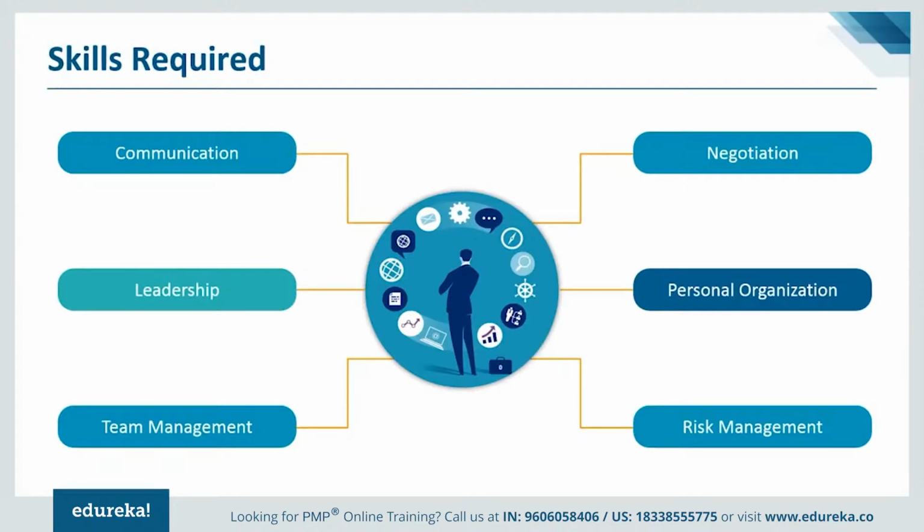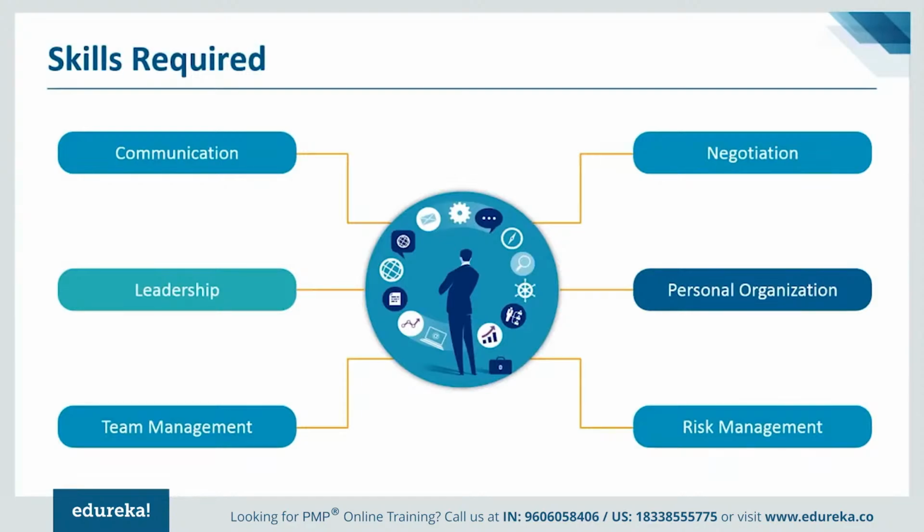It could be just sending emails, push communication, pull communication, status reports, attending meetings, communicating about the risks, prioritization, negotiating, and of course, collaborating with the stakeholders. So communication is certainly a very, very important skill that is required in a project manager.